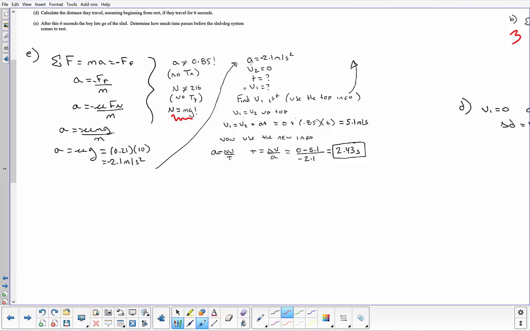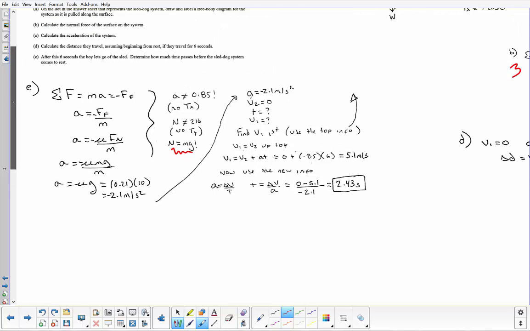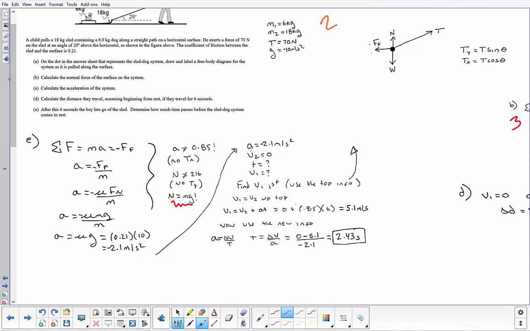Now, there's another kind of change we have to recognize. That this initial velocity is indeed the velocity all the way back earlier on, which I don't even remember what part it was. Alright, we have to actually solve for that velocity.